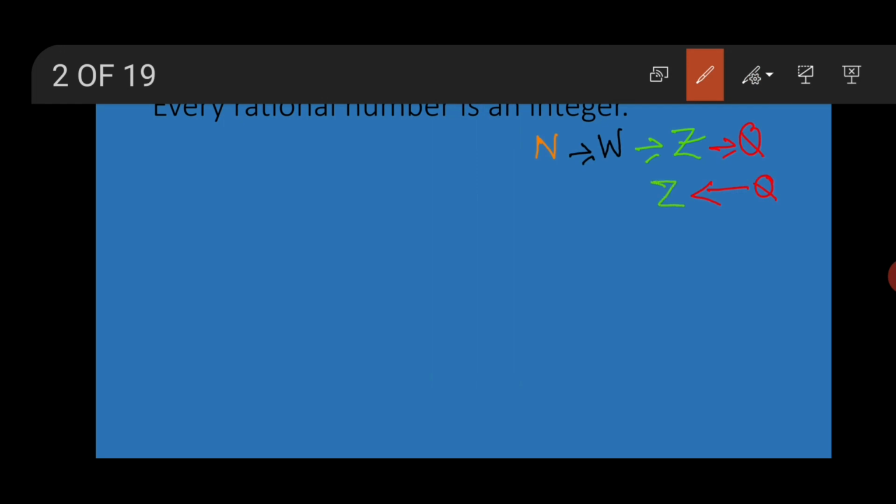And in reverse, every rational number is not an integer. Therefore the given statement is false. The reason is that a rational number like 3 by 2 is not an integer.